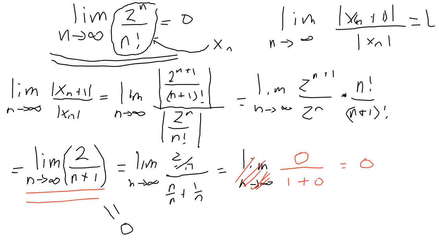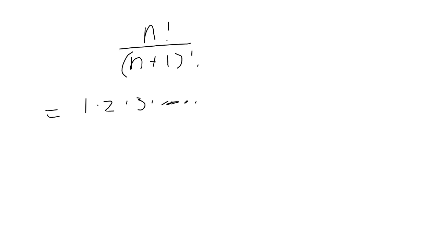Okay. All right, so you're asking why is it n plus 1? It comes from this part right here, the n plus 1 in the denominator. So it's the n factorial over the n plus 1 factorial. Now, n factorial means 1 times 2 times 3 times a whole heap of dots, up to n minus 2.